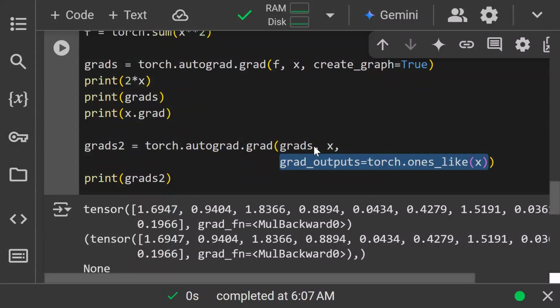So if you have a vector valued function, you need the function itself, the variable you're taking the derivative with respect to, and you have to specify v, the vector in the vector Jacobian product.